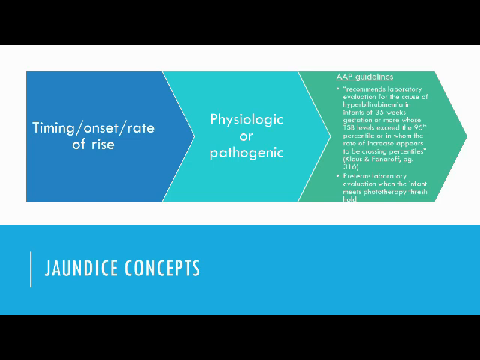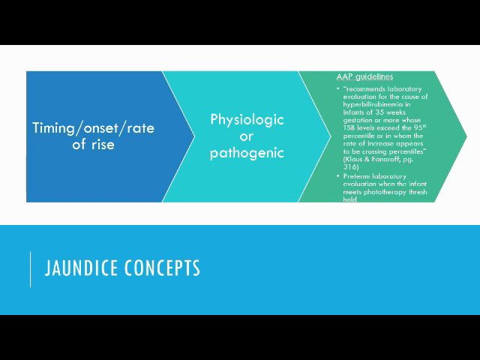The AAP recommends laboratory evaluation for the cause of hyperbilirubinemia in infants of 35 weeks gestation or more whose total serum bili levels exceed the 95th percentile, or in whom the rate of rise appears to be crossing percentiles. And then for preterm, laboratory evaluation when the infant meets phototherapy thresholds.